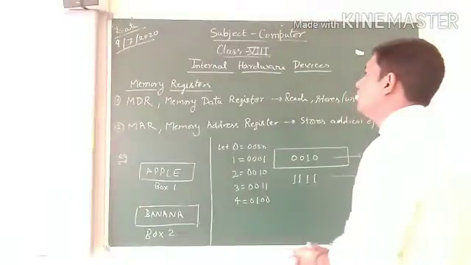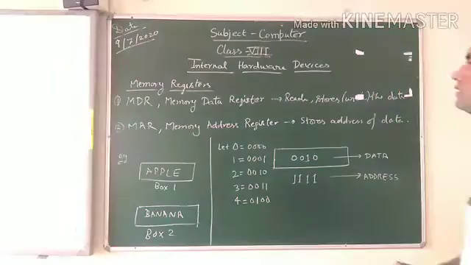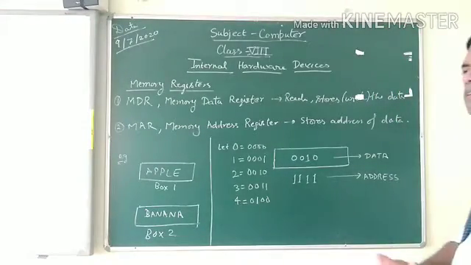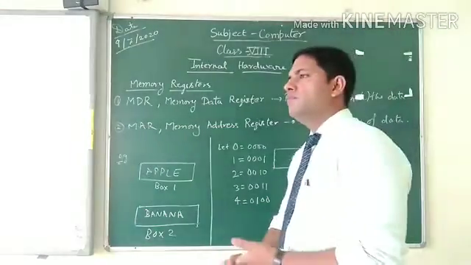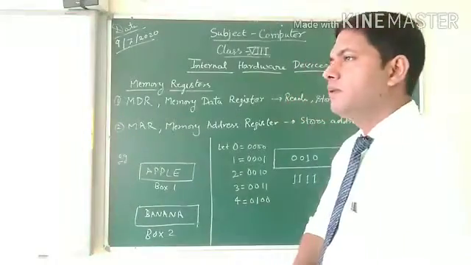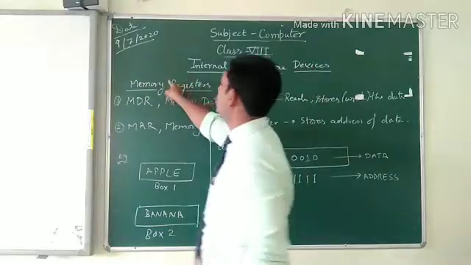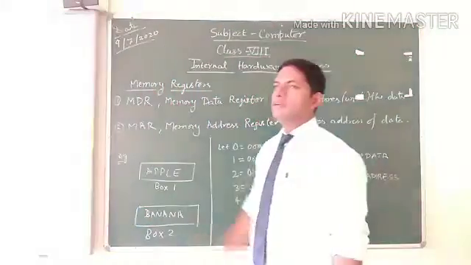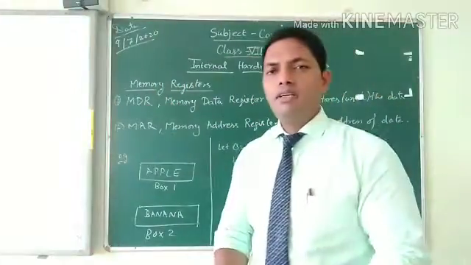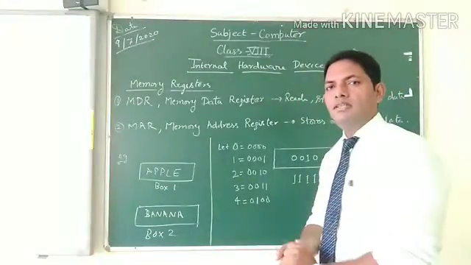Now let's talk about the memory registers. All the data is stored in a memory. Memory is created by the use of registers. In science also we are studying the registers.